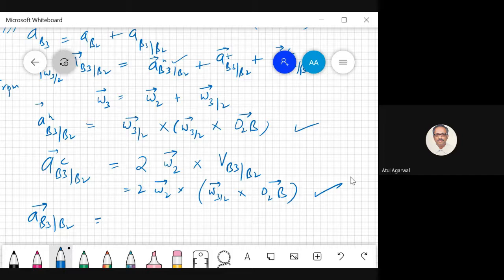And then, let's write the absolute acceleration of B3. One is the acceleration of B2. The acceleration of B2 is what? Omega 2 cross omega 2 cross O2B plus these terms.